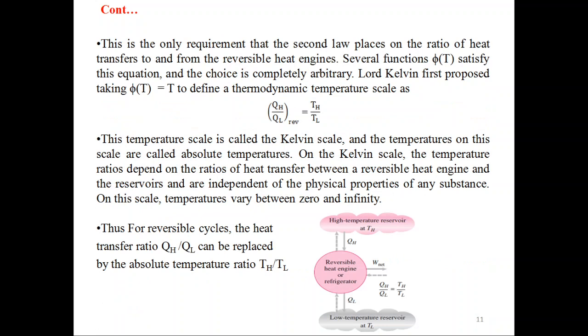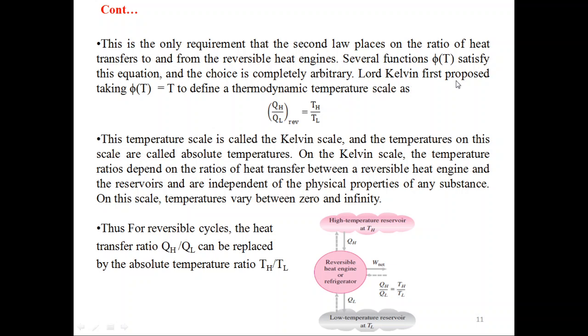This is the only requirement that the second law places on the ratio of heat transfers to and from reversible heat engines. Several functions satisfy this equation, and the choice is completely arbitrary.